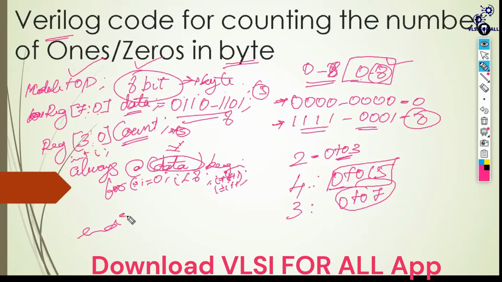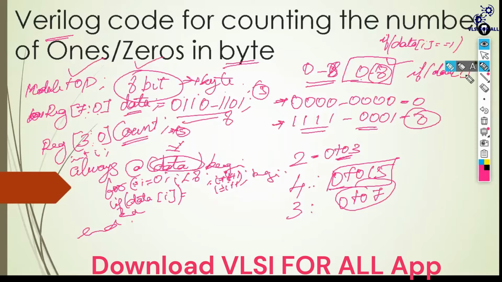Okay. Inside this begin end, what I am going to do is, we need to check for the condition. If data of i equal to 1, and if data of i, both are same, right?